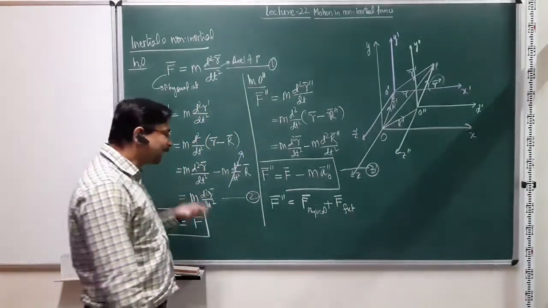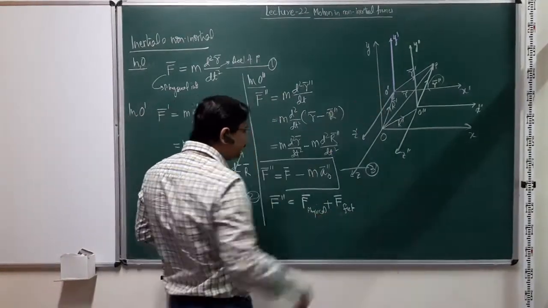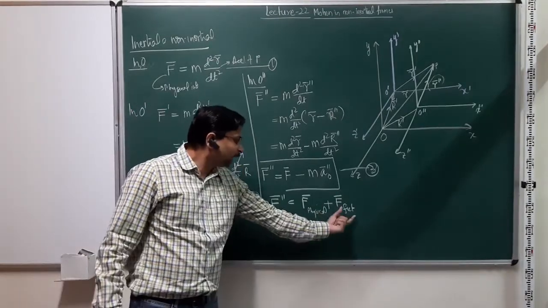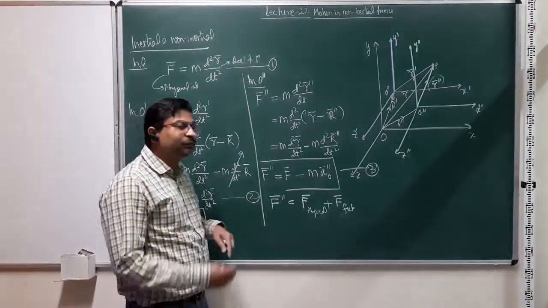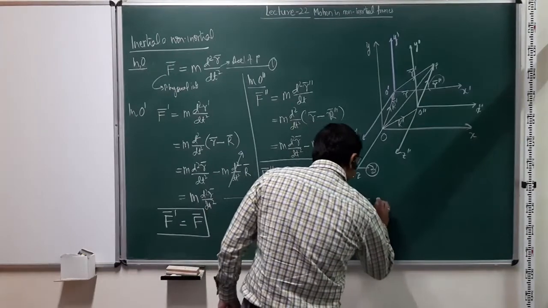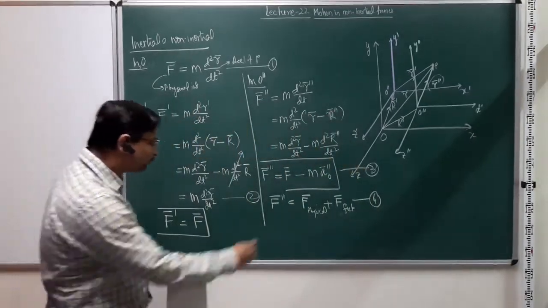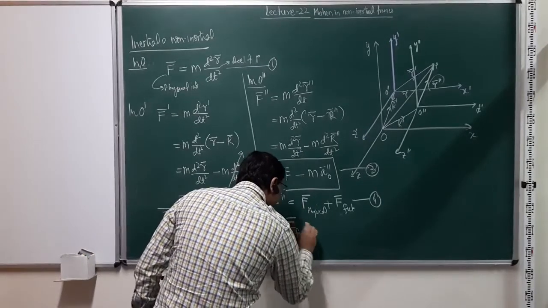So it's fictitious in that sense that one would feel in an accelerated frame, one would feel as if not only this, there is another force acting on the system, right? However, its origin is not one of the 4 fundamental forces. Okay?